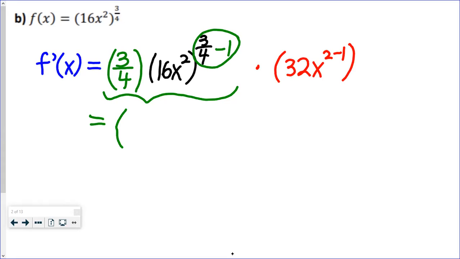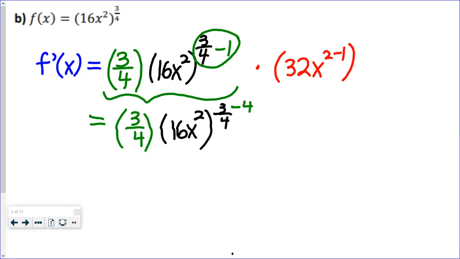So I'm going to take 3 over 4, 16x squared. I want to convert to a common denominator. So 3 over 4 minus 4 over 4. And all of this multiplied by 32x.